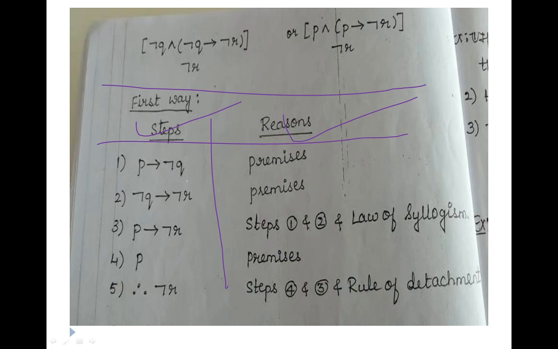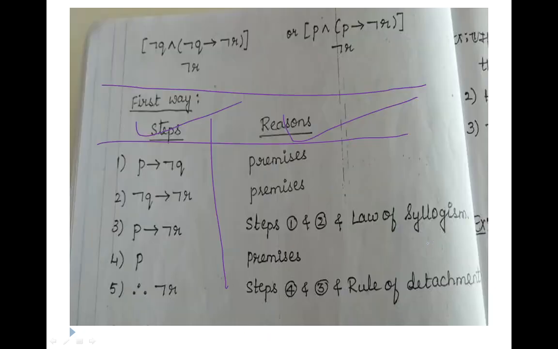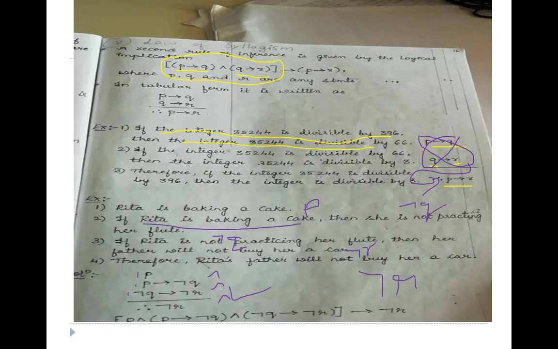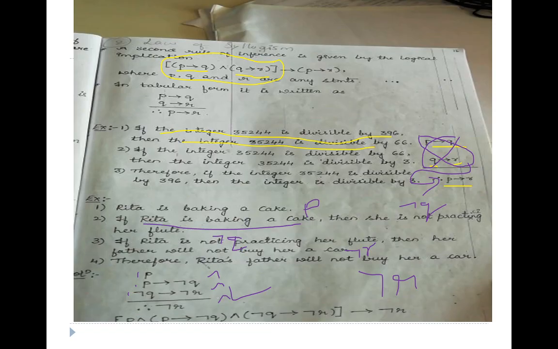This is one premise, this is another premise, this is one more premise. I can use any of them. So first I'll take this one, P implies negation of Q, the second one. Then negation of Q implies negation of R, that one also I'll take.